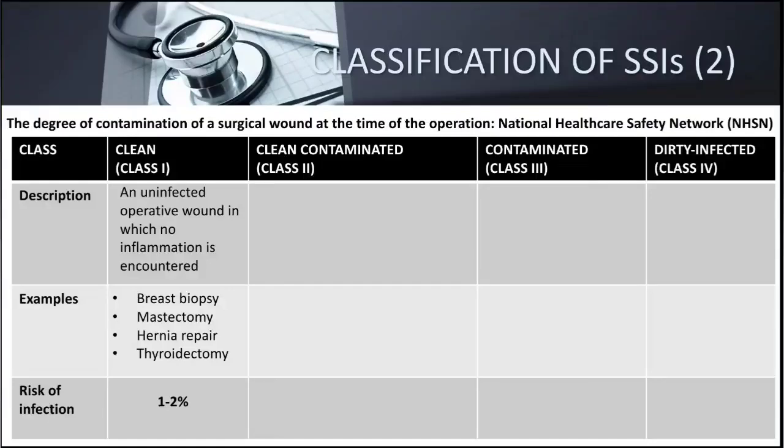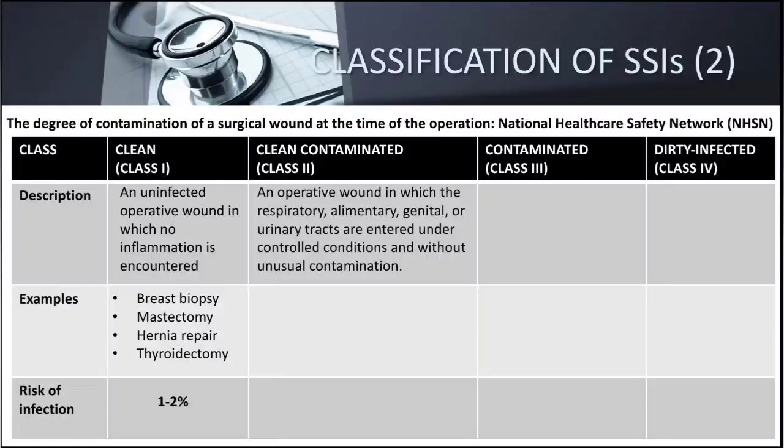Next, clean contaminated, or class 2. This is an operative wound in which the respiratory, alimentary, genital, or urinary tract is entered under controlled conditions and without unusual contamination, right? So we have breached that, but it's controlled.